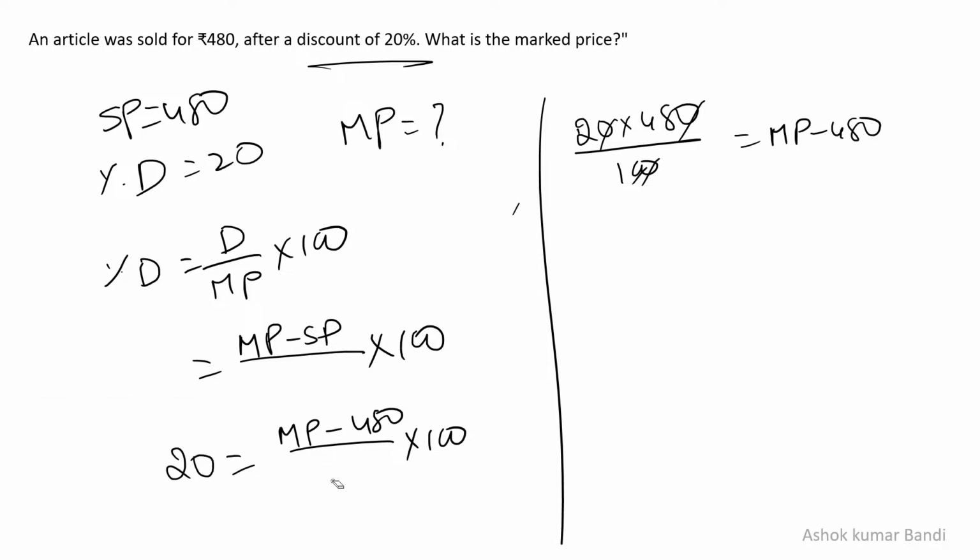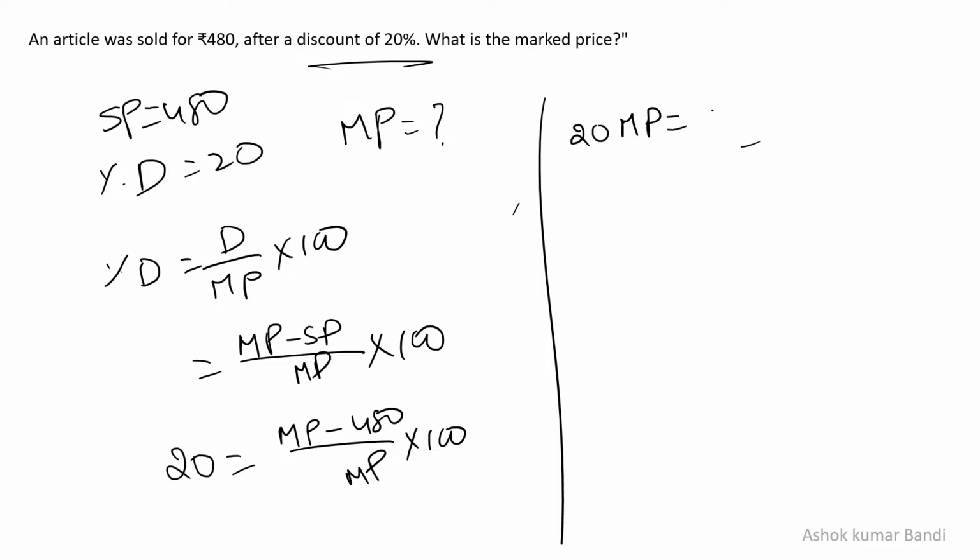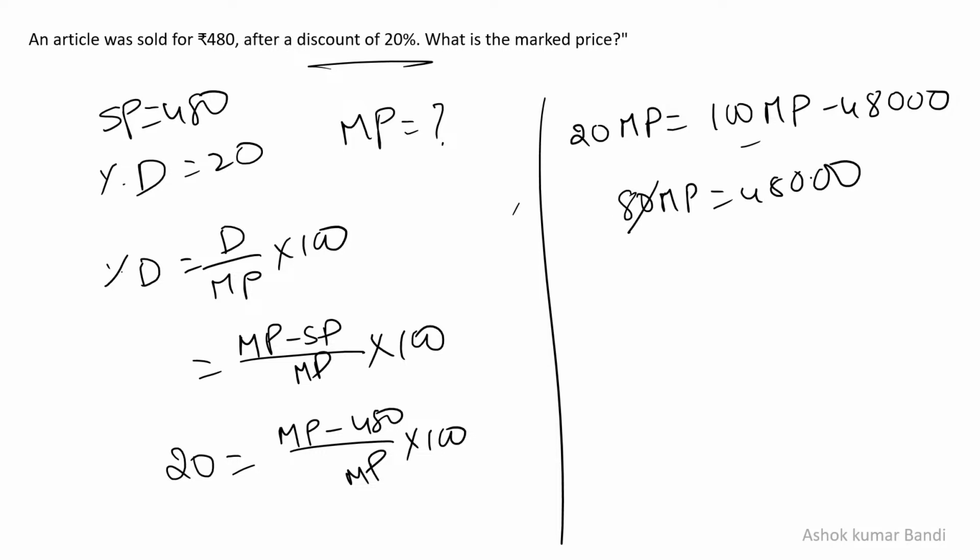So this is actually MP, that's why we got some wrong color here. So it will happen like this: 20 MP equals 100 MP minus 48,000. Then 80 MP is equal to 48,000. Then MP is equal to simply 600.